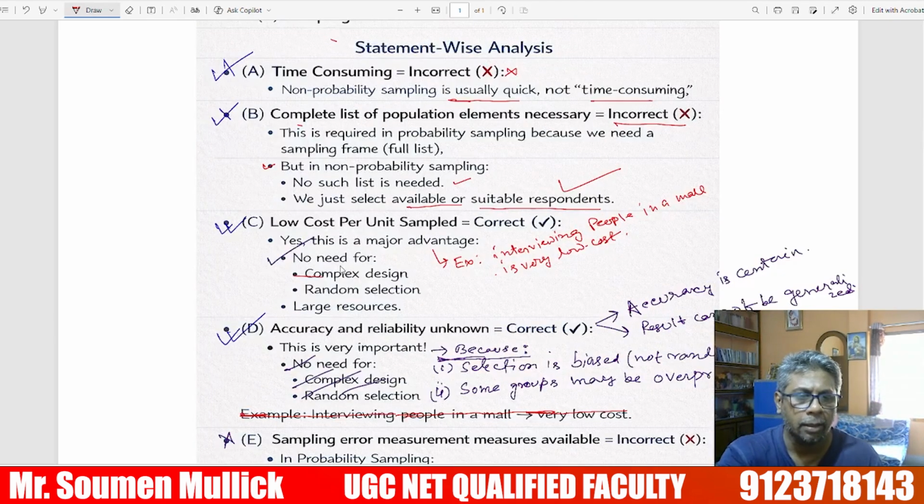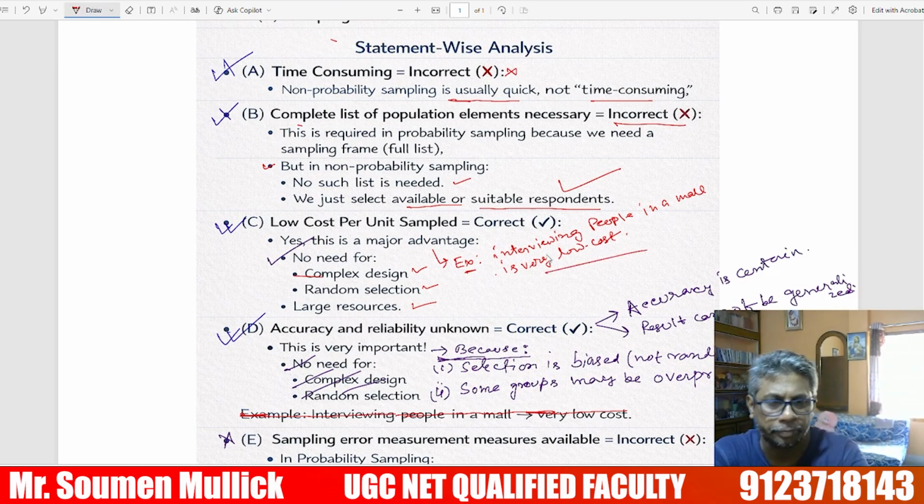This is correct because there is no need for complex design, random selection or large resources. This is the major advantage of non-probability sampling. For example, interviewing people in a small area is very low cost.